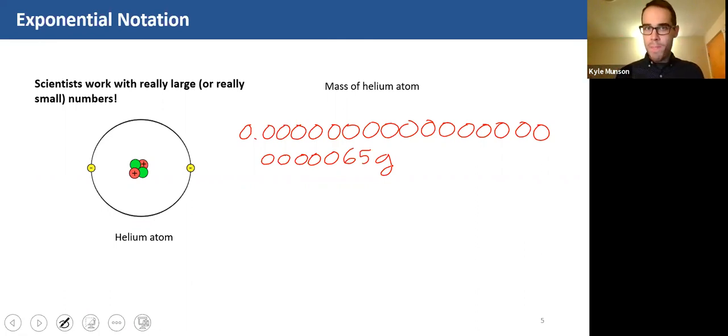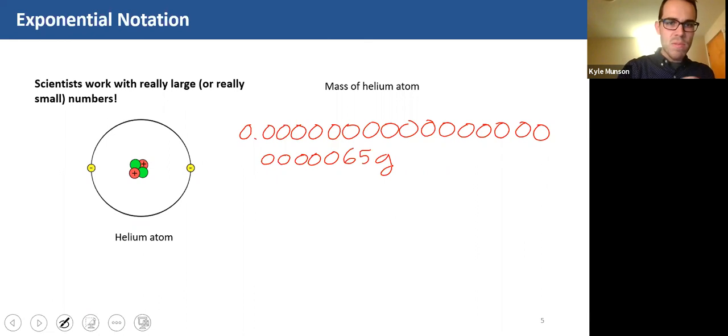So again, now for another example, if we wanted to know how many atoms of helium are in a balloon, a helium balloon, well, that number is probably incredibly large, right? So because we're dealing with such large numbers and such small numbers, we need a better way to simplify this.